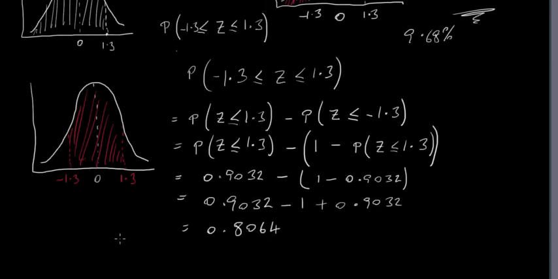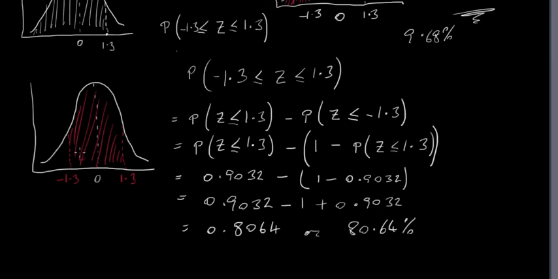So the probability of z being greater than minus 1.3 standard deviations below the mean and less than 1.3 standard deviations above the mean, in other words, or any of our data points being within this area here, is 0.8064, or you have an 80.64% chance of your data point appearing within here.